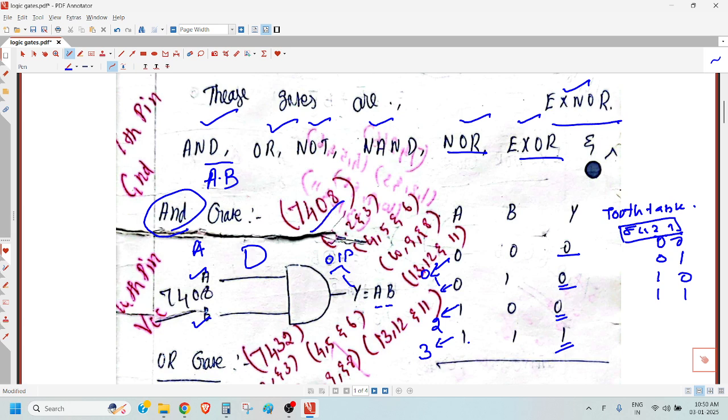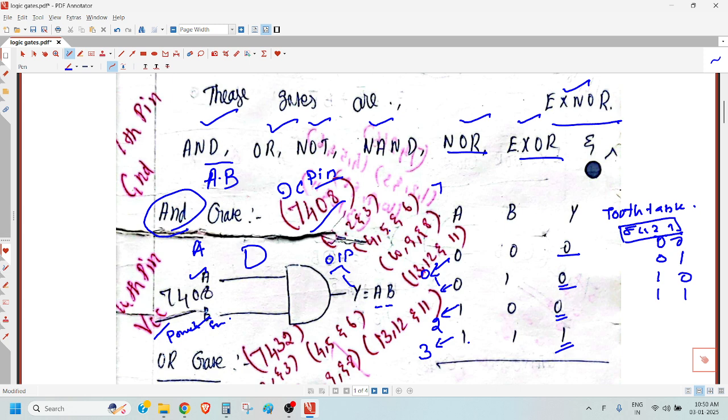So what is this IC pin? If you take an IC, the 14th pin will be the power supply for you. The 7th pin will be your ground supply. For example, 1 and 2 are your inputs, 3 is your output, 4 and 5 are inputs, 6 will be the output. You may ask, ma'am, where is pin 7?